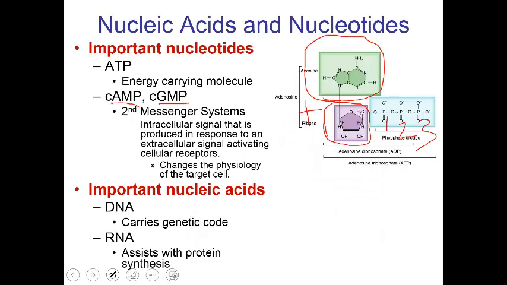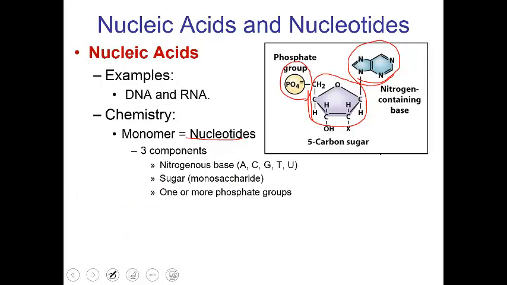Going back here, I'm going to talk about all of the 4 nitrogenous bases of DNA as well as RNA. In DNA you have adenine, cytosine, guanine, and thymine.